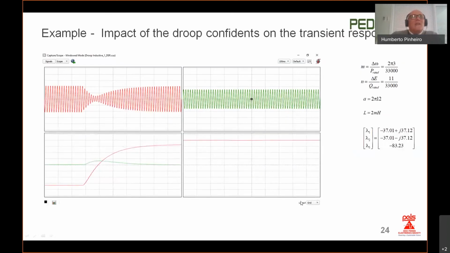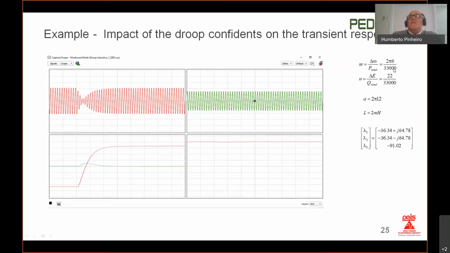Here is an example that tries to demonstrate that if you change the droop coefficients, you are going to change the dynamic performance of this droop control. You have 5% for the frequency and 5% for the voltage droop characteristic, and then we have this behavior. But if you change to 10% for the frequency and the voltage, you end up with a faster response.